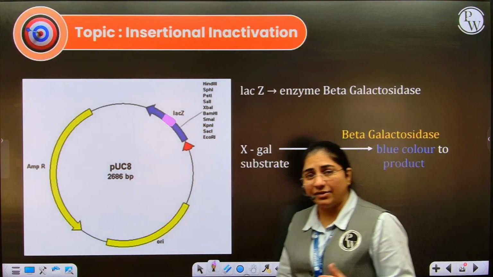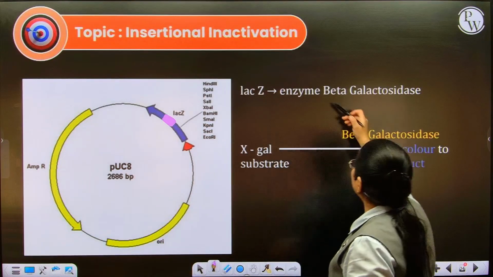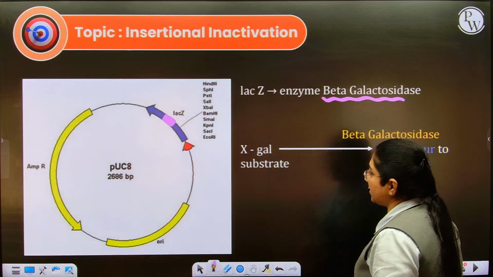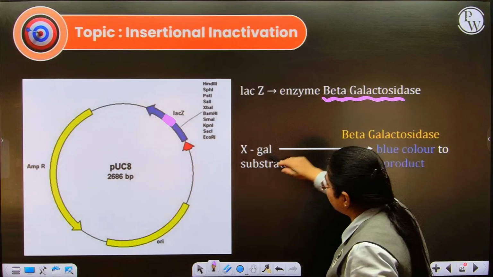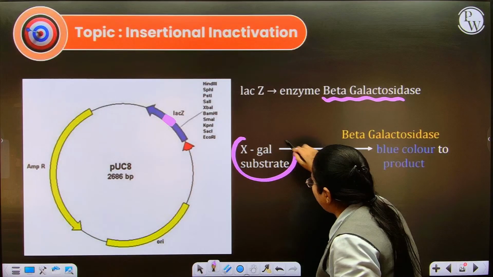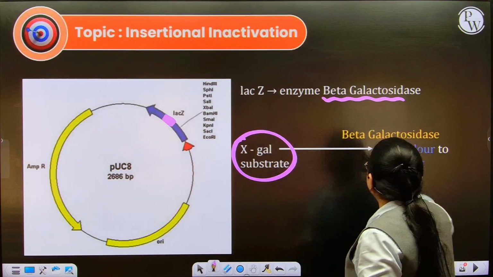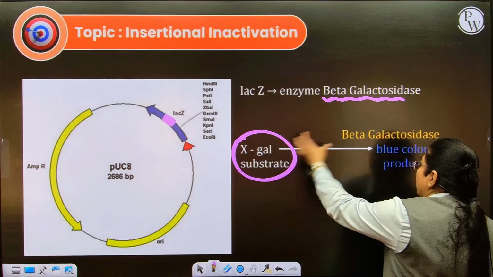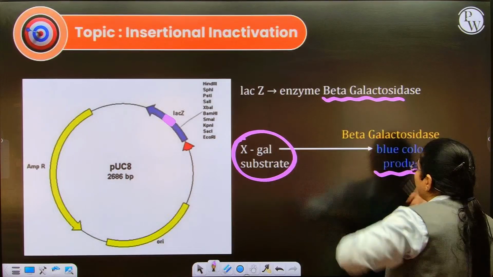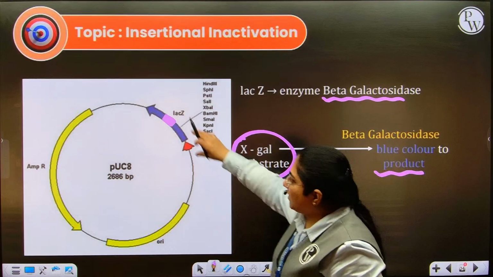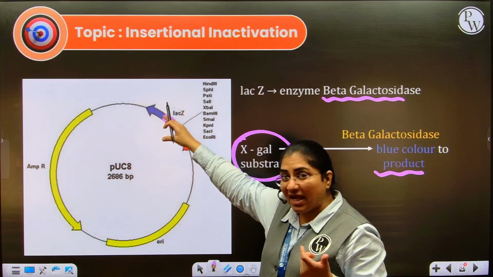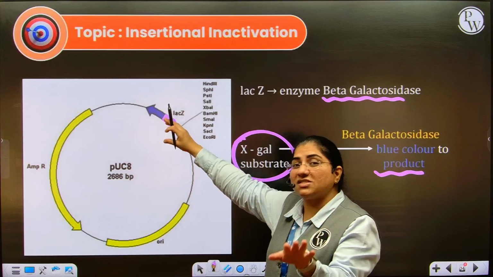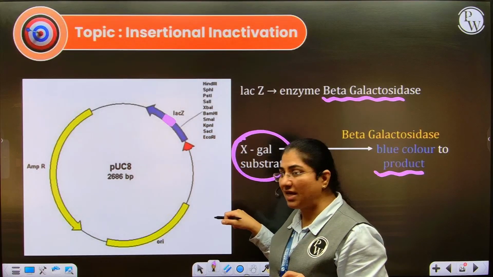What does lacZ do? lacZ basically codes for an enzyme called beta-galactosidase. When beta-galactosidase acts on a substrate, X-gal, it will break down the X-gal and produce blue-colored products. Now, if my gene of interest is inserted in the region of lacZ, lacZ is inactivated. If it is inactivated, will it produce beta-galactosidase?